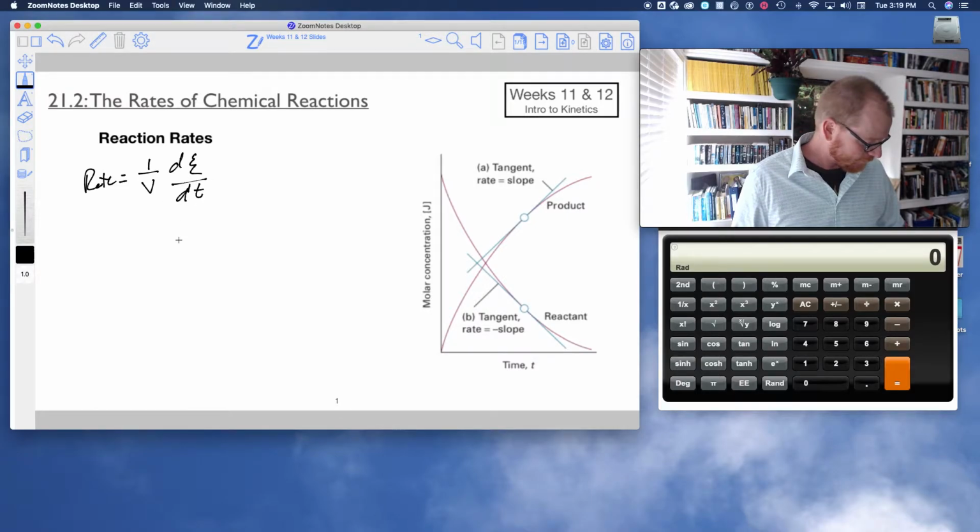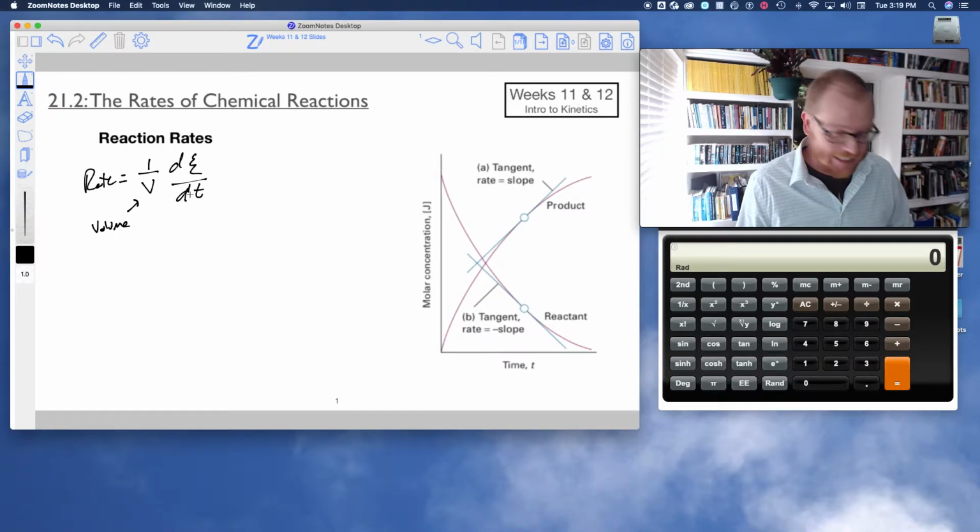Okay. So by definition, the rate of a reaction is 1 over the volume of the system times dξ/dt.